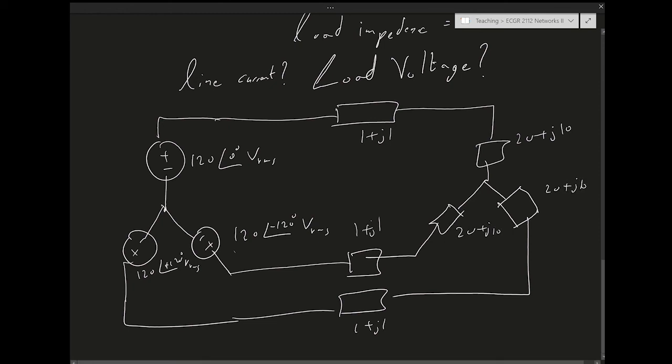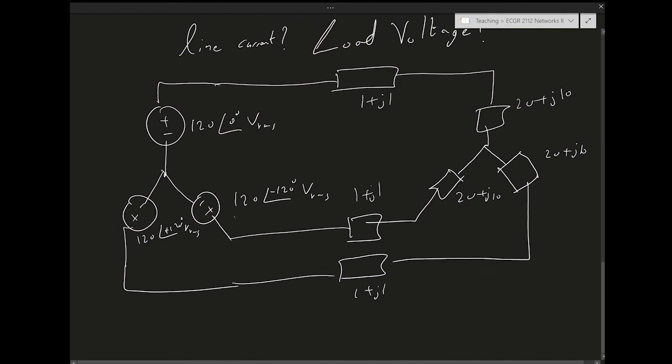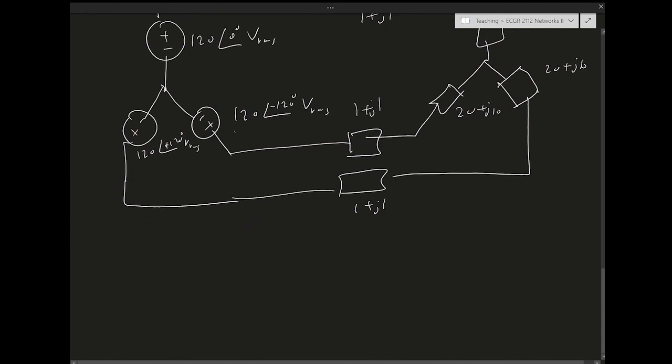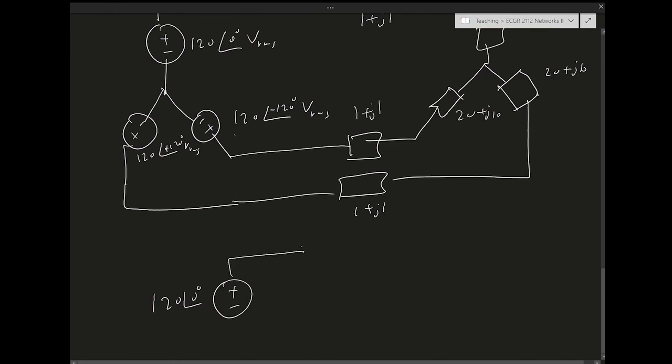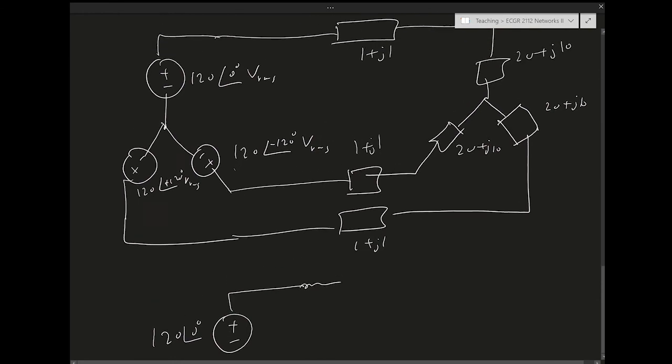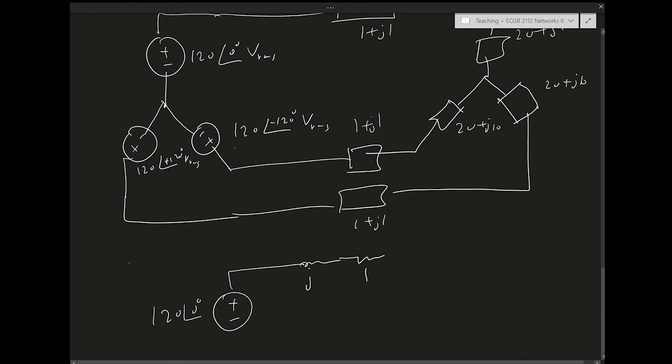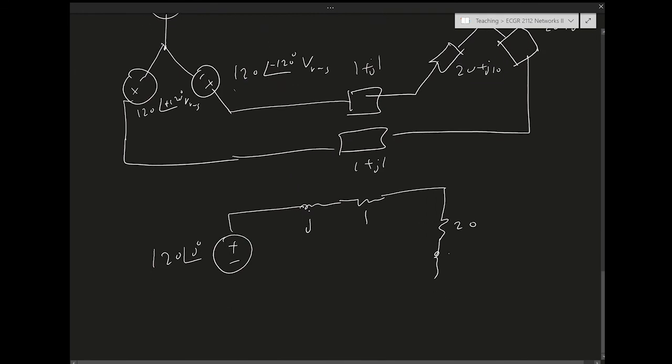Now we said because this is a balanced situation, we can analyze one phase and then immediately solve the other phases, just minding the angle relationships. So what does a single phase circuit look like? It looks like this: 120 at 0 degrees, and then the line impedance 1 plus J1, and then 20 plus J10.